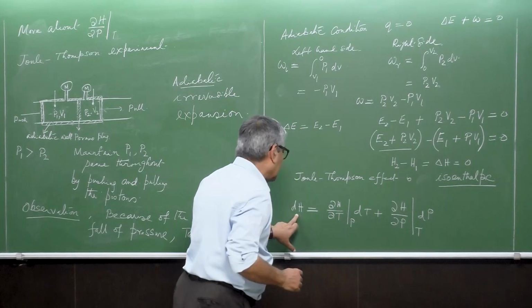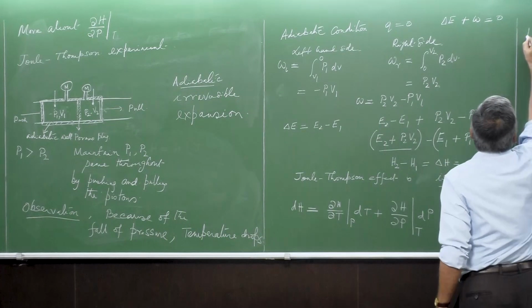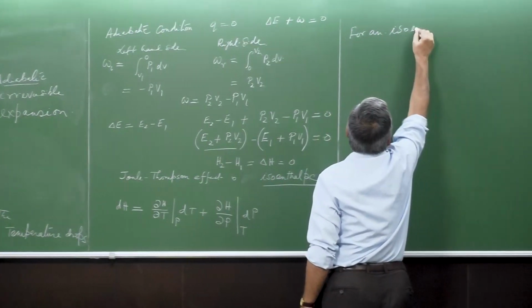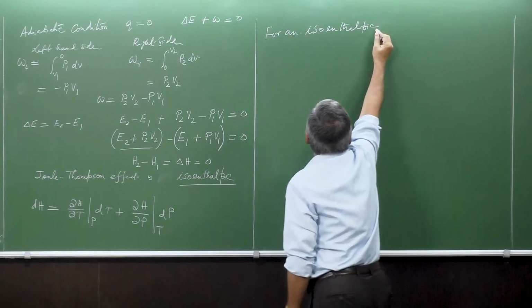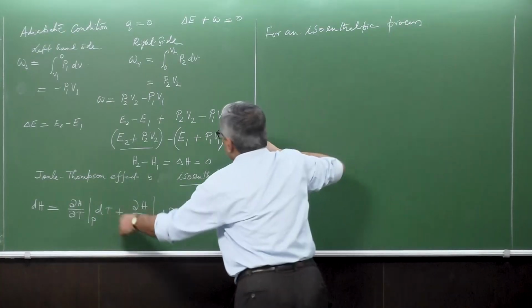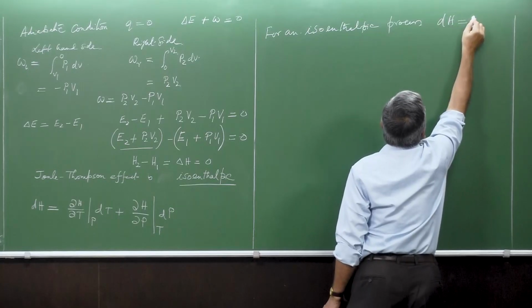That is the basic starting point of our discussion. So for an isoenthalpic process, dH is equal to 0.